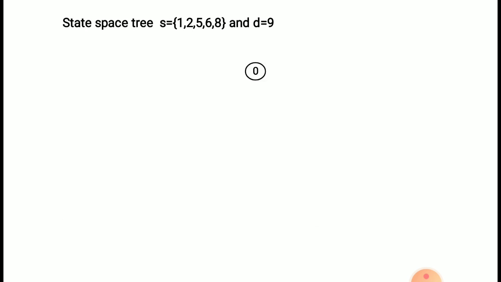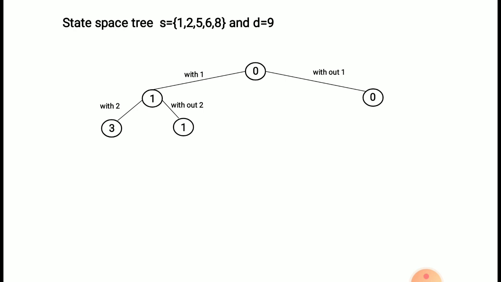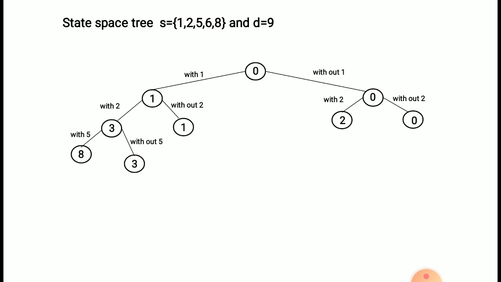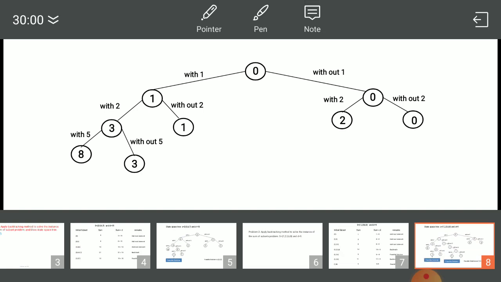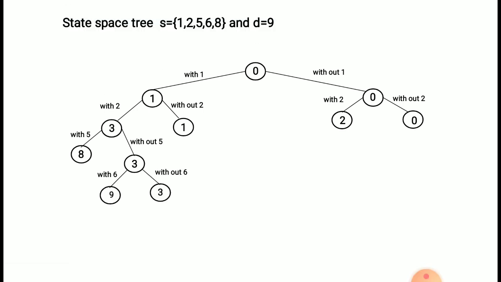For this problem, again the state space tree will be given as with 1, without 1 first, and for the sum value, with 2 and without 2 on both sides. Then for the sum 3, with 5 we get 8, without 5 we get 3. Then for 3, with 6 we get 9, and without 6 we get 3.